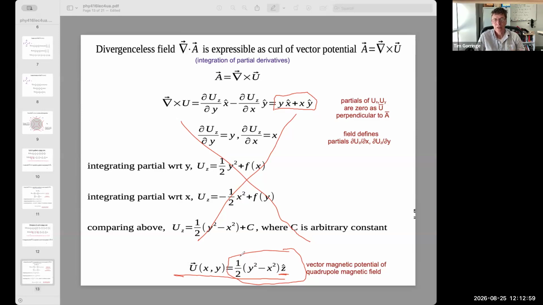Anyway, I'm going to finish there. We've covered divergence and curl of a vector field, surface and line integrals around particular surfaces and particular lines of a vector field. We've covered two mathematical identities, that the divergence of a curl is always zero, and that the curl of a gradient is always zero.